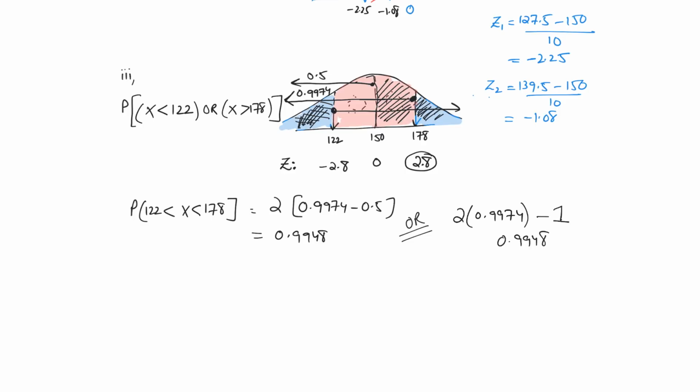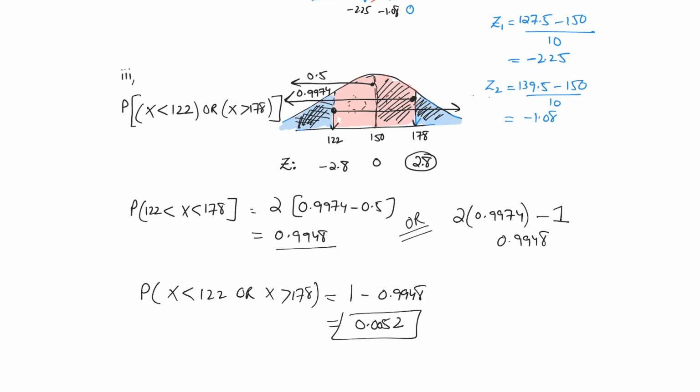So once we have this central region, in order to find that probability, we can subtract this answer from 1, so that the leftover answer will be 0.0052. The leftover answer would be for this blue region.